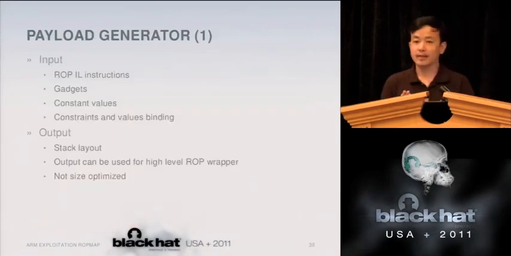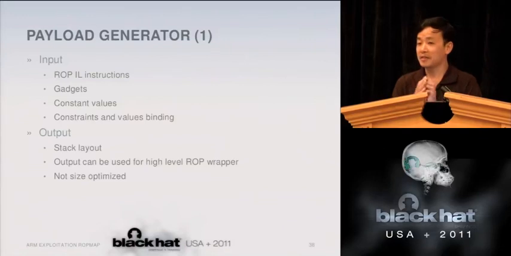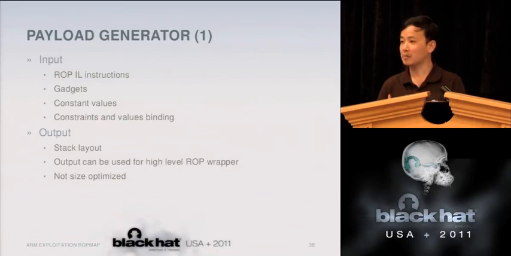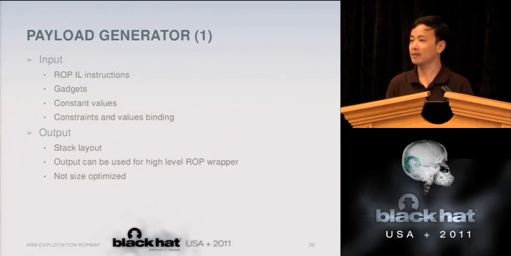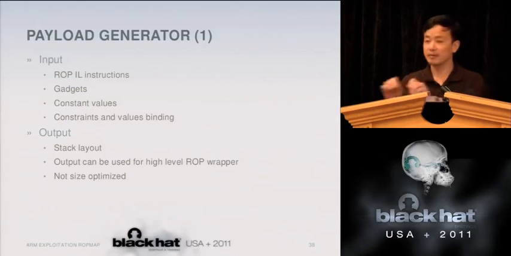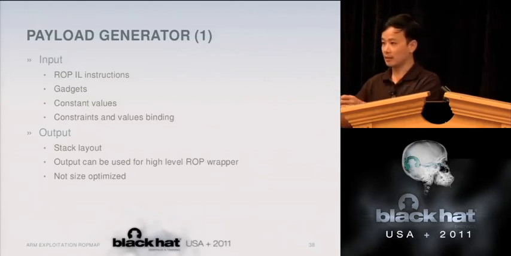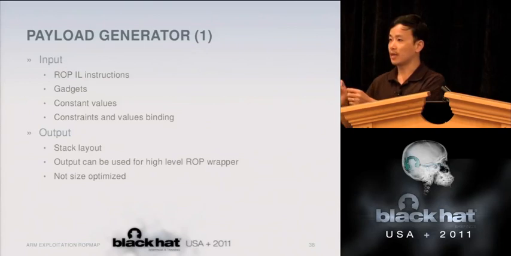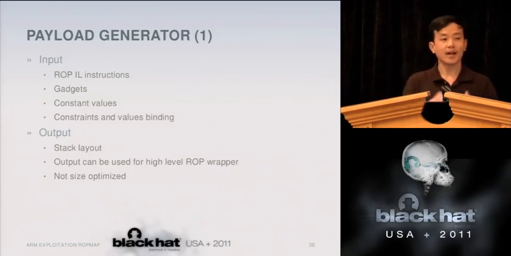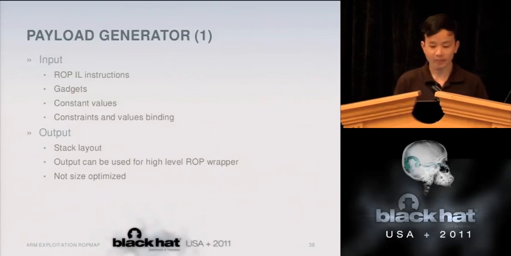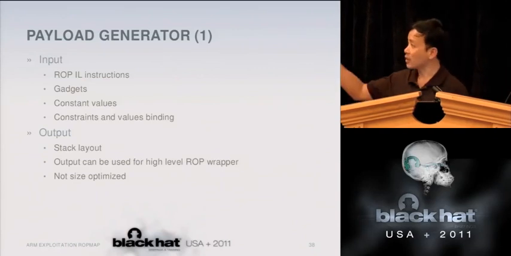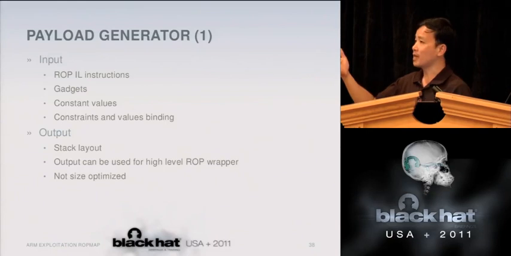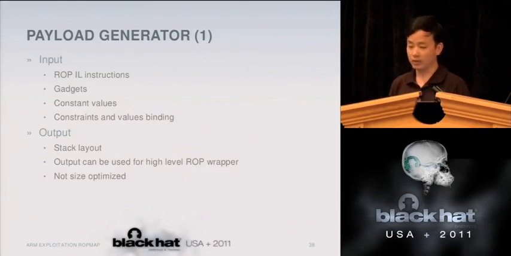Now we have the gadget chain. It's a big improvement from nothing to a gadget chain automatically, but it's still not enough. If you have to do the payload manually, you still have to spend lots of time putting the right value in your payload, right? So here we create a payload generator with input from the ROP instruction, or it can be a gadget instruction.